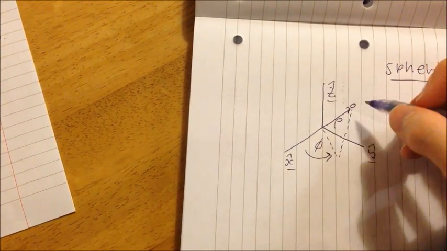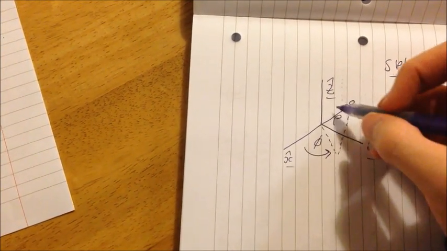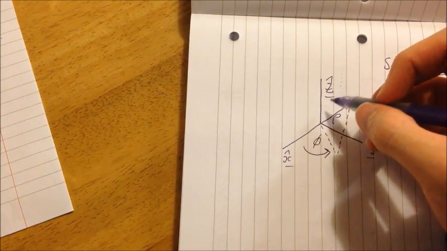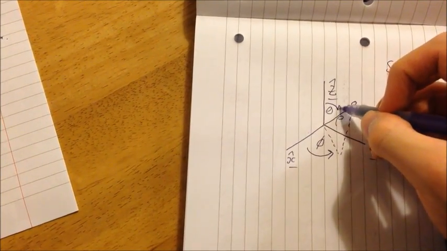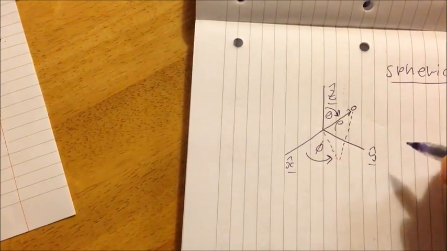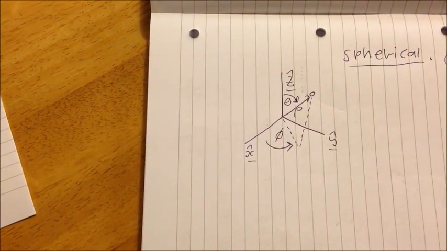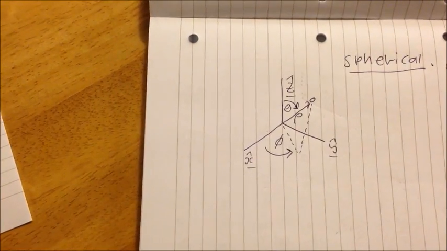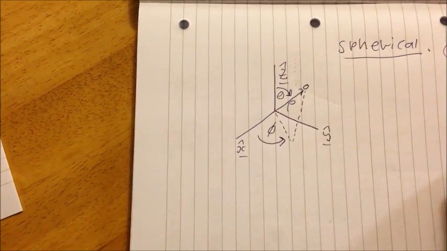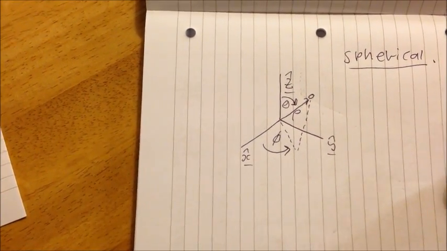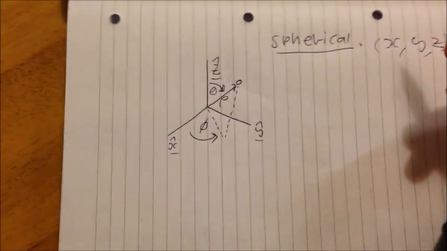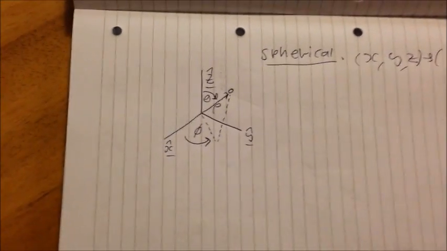This is rho from the center to the point. And this is theta, increasing from the z-axis to the point toward the xy plane.